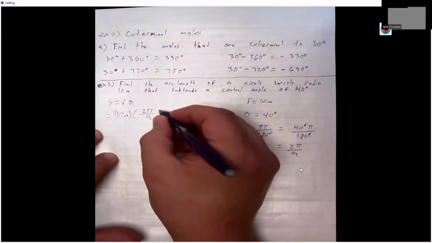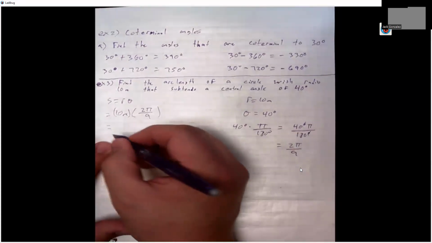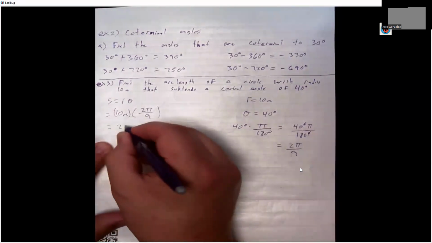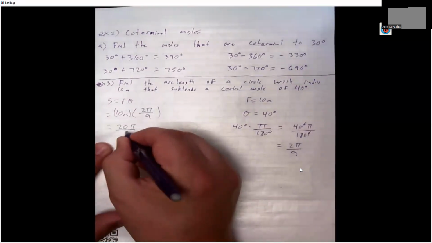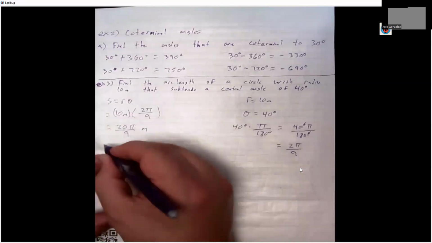So it'll be 10 meters times 2 pi ninths. It's going to still be in meters. It's not going to change. So that'll be 20 pi ninths meters. So as a decimal, what is that?